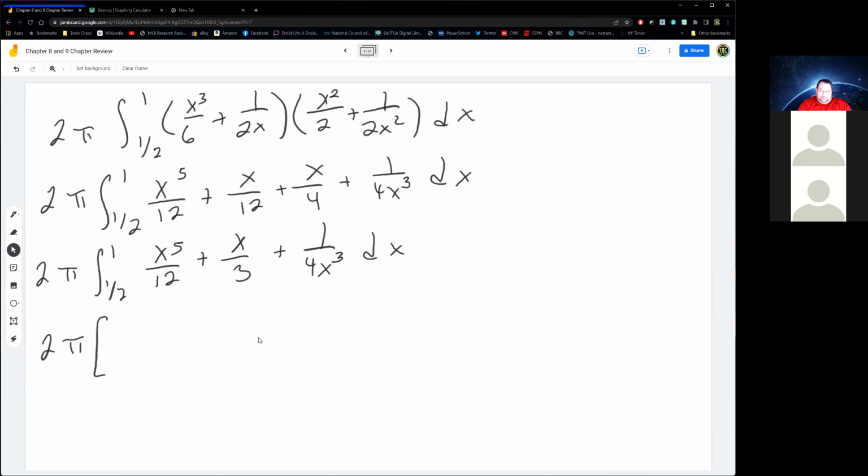So x to the sixth over 72, x squared over 6, minus 1 over 8x squared. And we're evaluating it from 1/2 to 1.